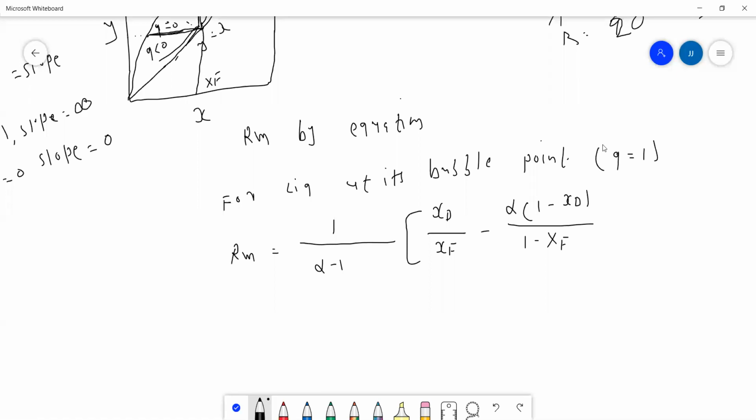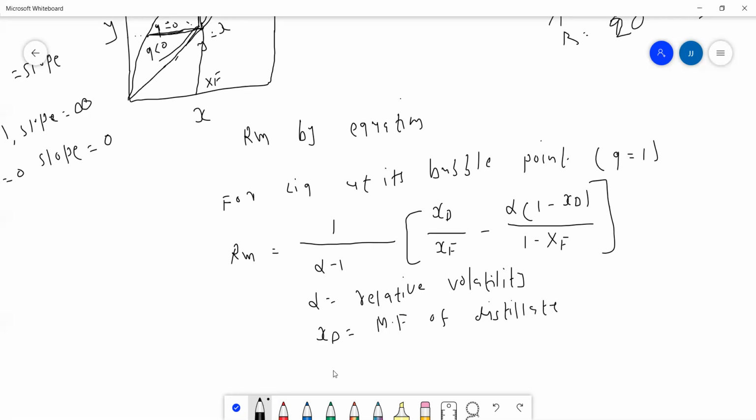So here alpha is the relative volatility, xD is the mole fraction of distillate, and xF is xF. Both are the small xF. Make sure both are the same.